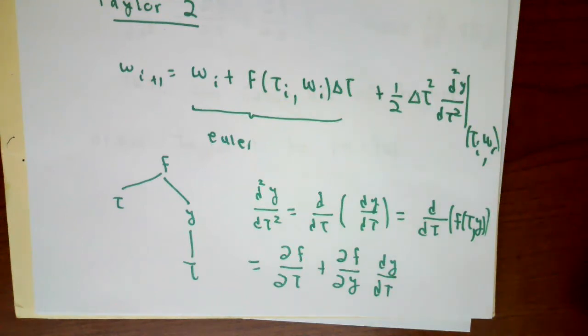But now we start having a problem because this second derivative of y with respect to t is the derivative of dy/dt, which is the derivative of a function that depends on two things, one of which is a function of t. We figured out the other day that the appropriate derivative to write down would be this quantity.